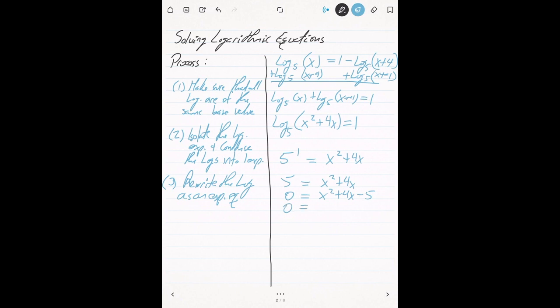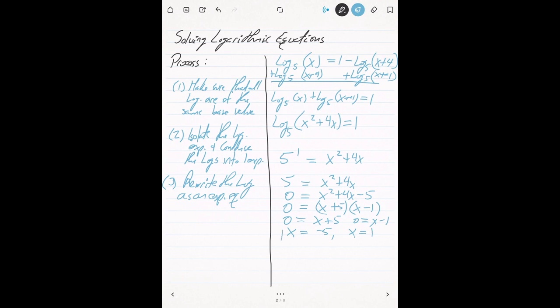So I'm going to factor this polynomial down to x plus 5 and x minus 1. Those will multiply to give me negative 5, but add to give me 4. So if I set each of these equal to 0, I would get x equals negative 5 and x equals positive 1 as my solutions.